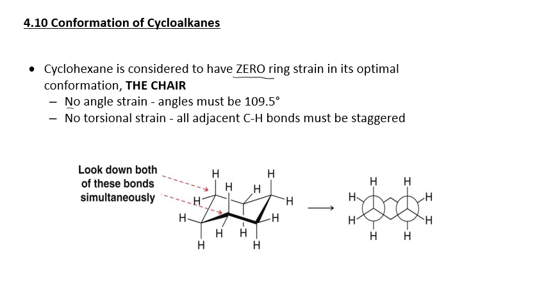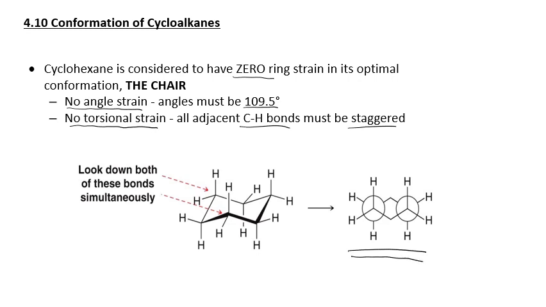That's because there's no angle strain, because all of the bond angles are 109.5, and there's no torsional strain because all of the CH bonds are in the staggered position. So, although I'm not going to ask you to draw Newman projections for a cyclohexane ring, it is instructive to show that we have no torsional strain because if you look, everything's in the staggered position.